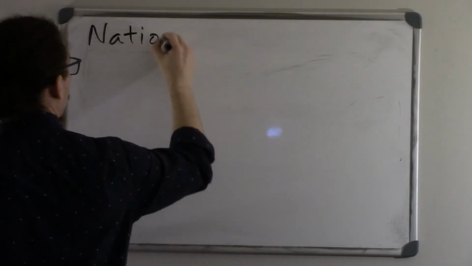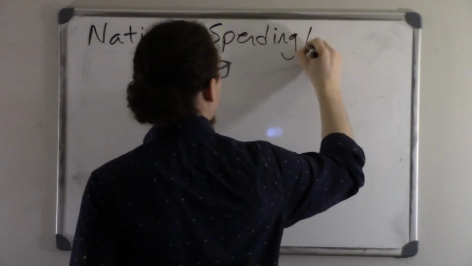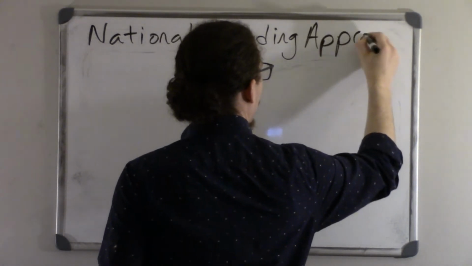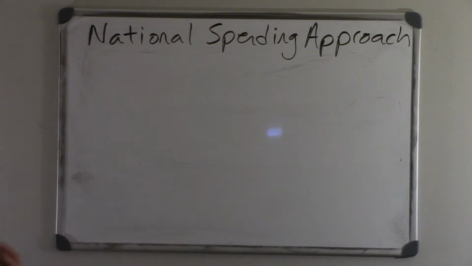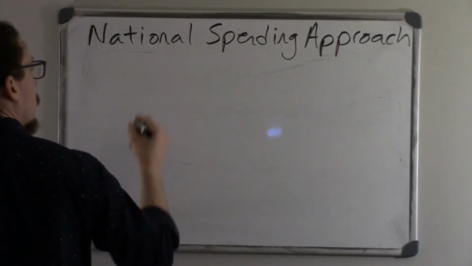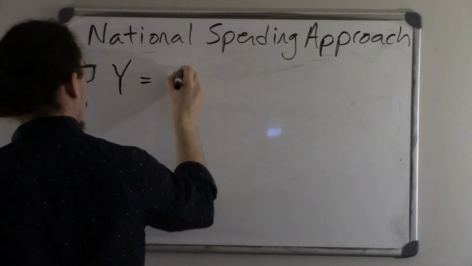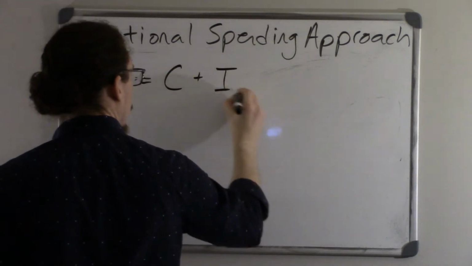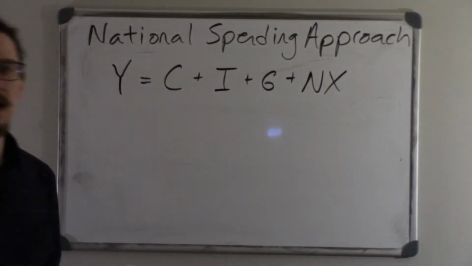The national spending approach is defined or represented by the following equation: Y equals C plus I plus G plus NX.